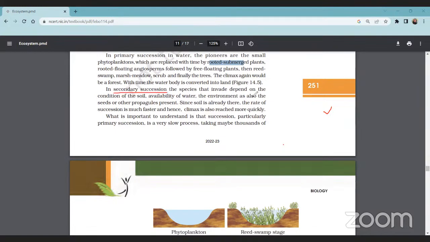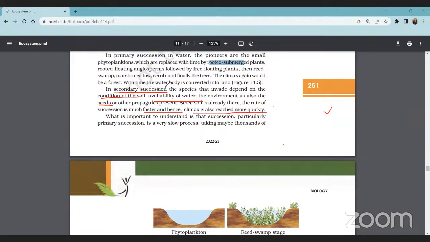The species that invade depend on the conditions of the soil, the availability of water, and the environment. Also, seeds or other propagules are present. The soil is already there. The rate of succession is much faster, and the climax is also reached more quickly.